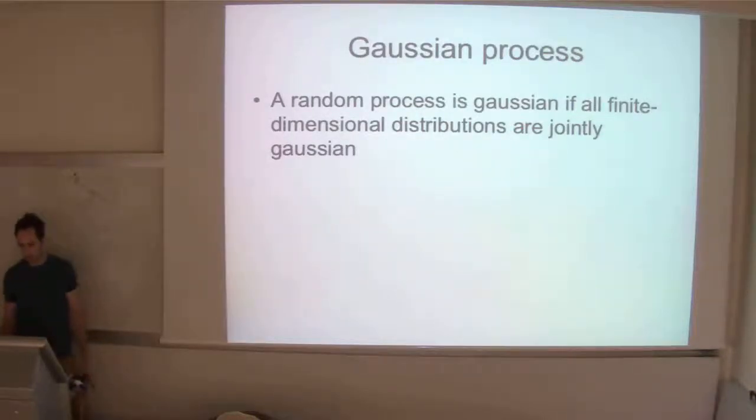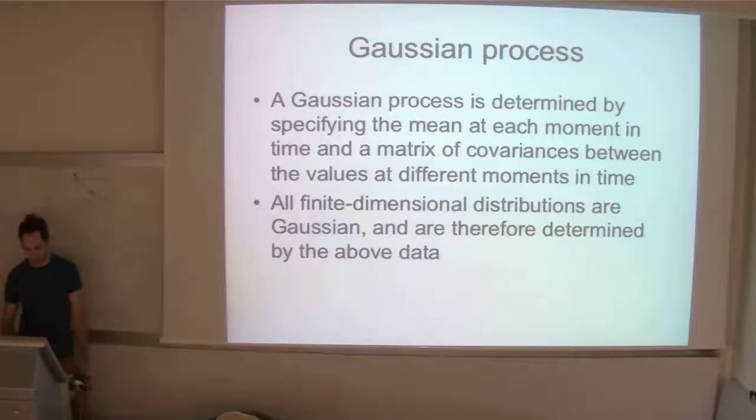A random process is Gaussian if all finite dimensional distributions are jointly Gaussian. A Gaussian process is determined by specifying the mean at each moment in time and a matrix of covariances between the values at different moments in time. So we just said it. And all finite dimensional distributions are Gaussian and are therefore determined by the above data.